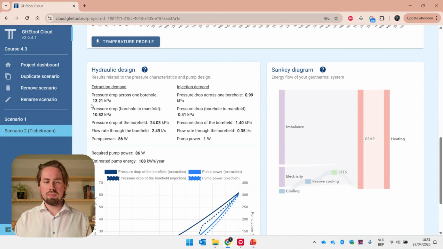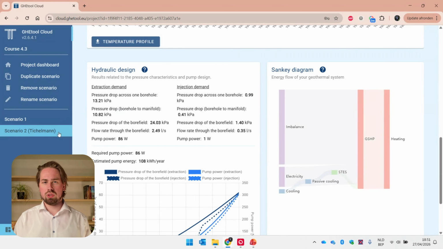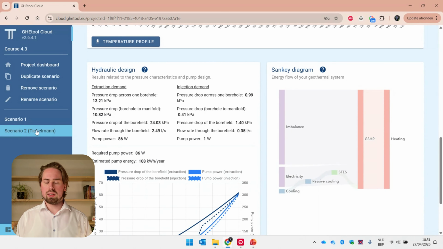So I have here the same 13.21 kPa as before, but our horizontal pressure drop is now almost 5 times bigger because we now have a way higher flow rate through this horizontal connection. So this also gives us a higher pump power and also 30 kilowatt hours per year of extra electricity needed to keep the pump running. So that's for the Tichelmann connection.